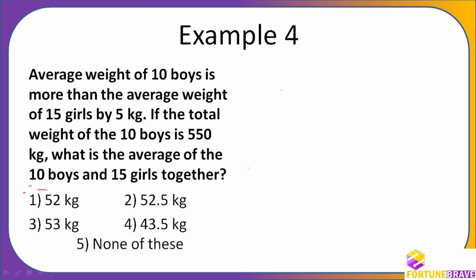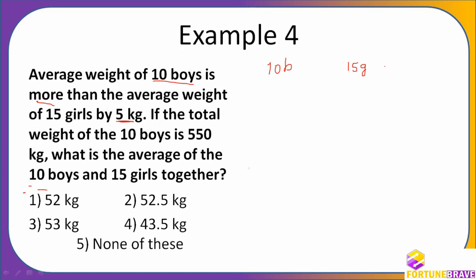I am not going to read the whole question. We will just note down whatever is available to us. 10 boys are there and 15 girls are there. The average of boys is more than the average of girls. This is what they are saying. Average weight of boys is more than the average weight of girls by 5 kg.